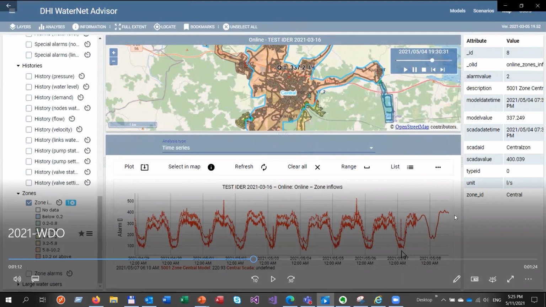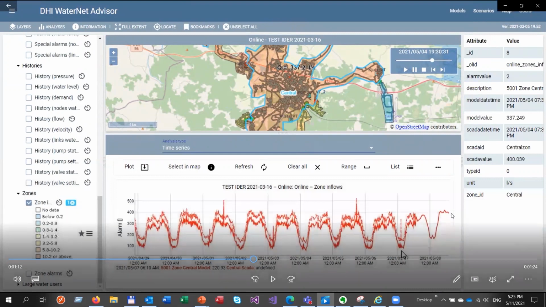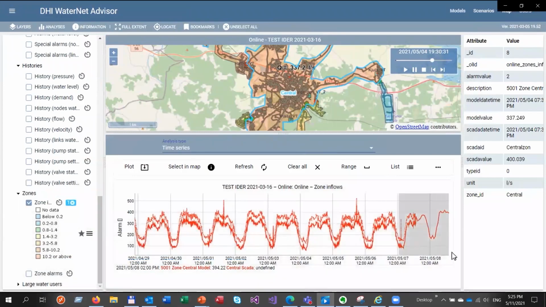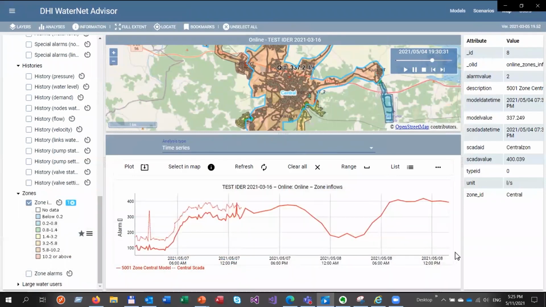And this part of the time series is a product of demand forecasting, which is implemented here based on machine learning. So it predicts what would be the water consumption in the central zone. So this is part of the digital twin here as well.